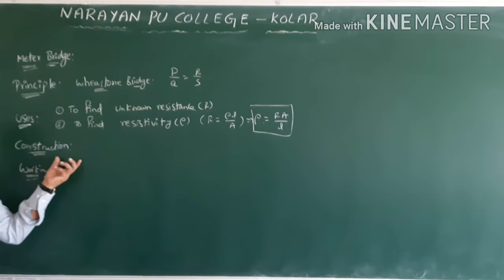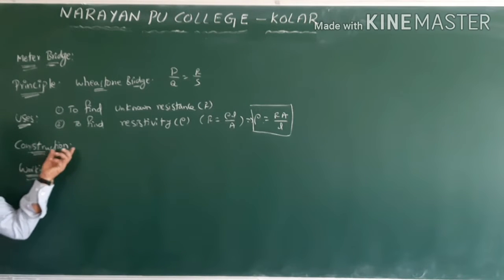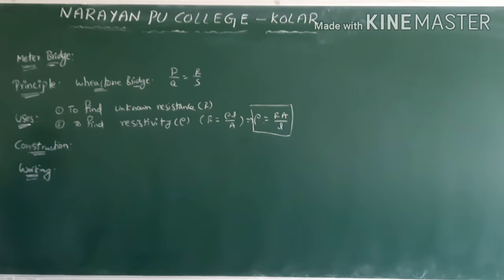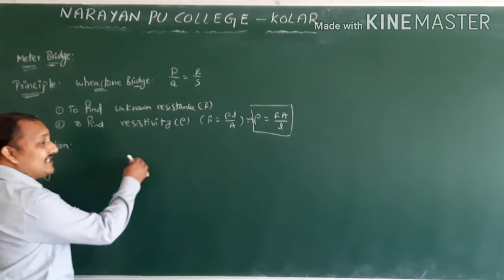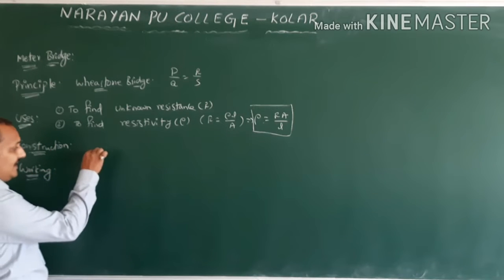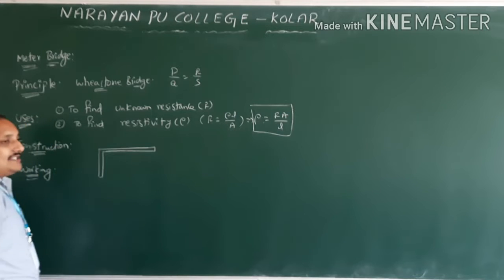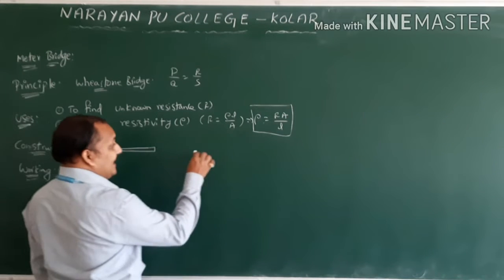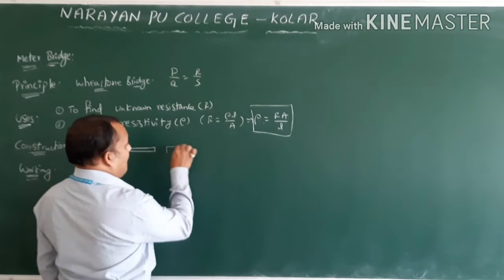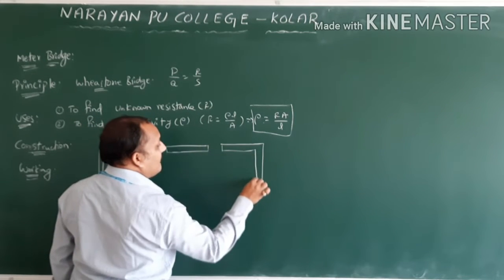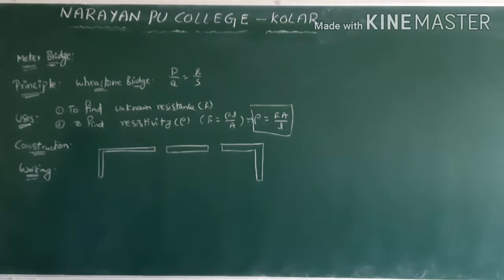I have shown you the meter bridge, that one only. How it is constructed, I will show according to the diagram. In the meter bridge, two L-shaped metal strips are there. This is one L-shaped metal strip, another one is another L-shaped metal strip.